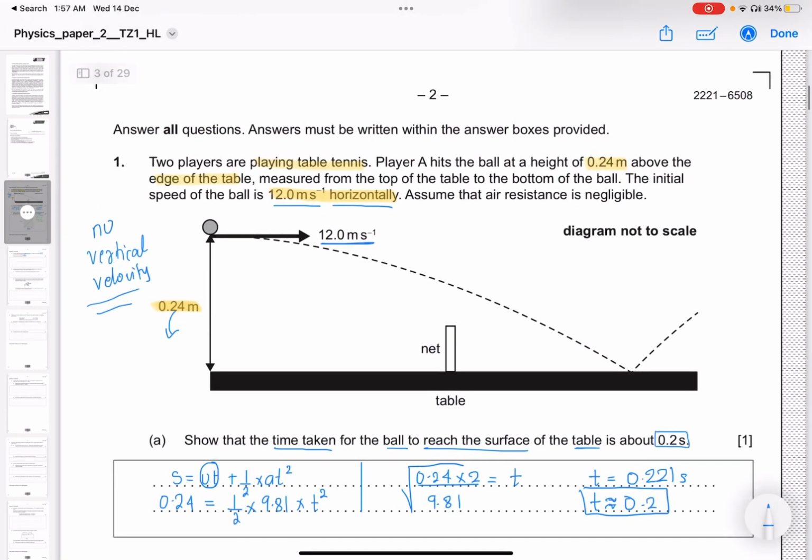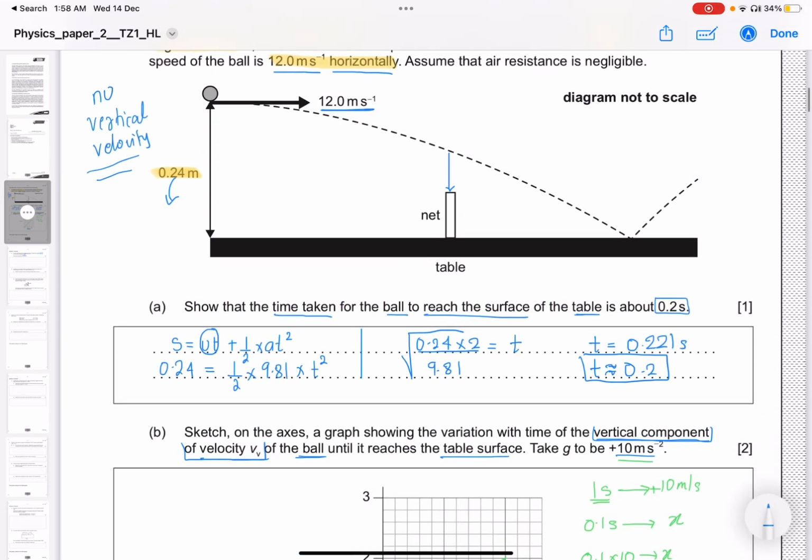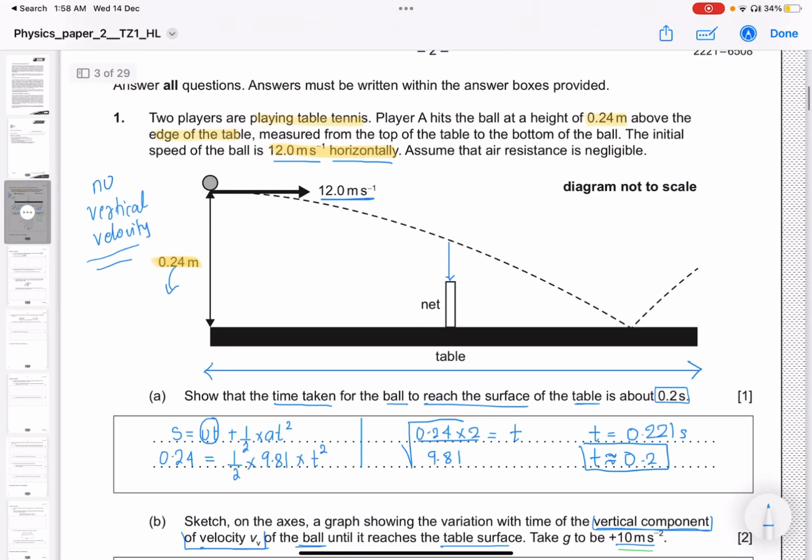So basically, they are telling us to prove that when the player hits the ball, it passes over the net. Firstly, this entire table is 2.74 meters, and this is 0.015 meters.